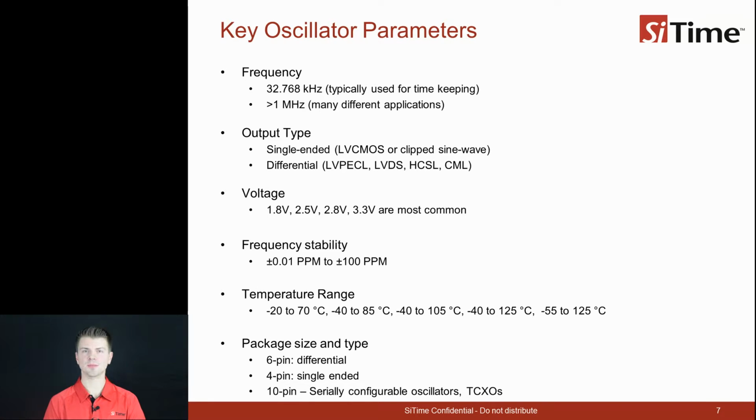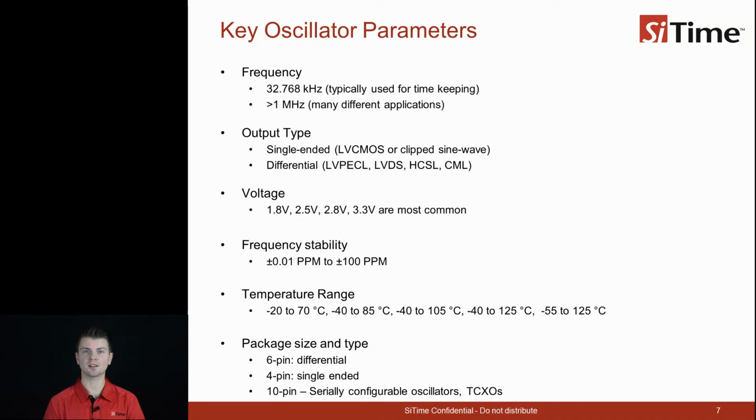The first oscillator parameter is clearly frequency. Different applications need different specific frequencies, and these frequencies are sometimes associated with a specific frequency tolerance requirement. In some applications, the frequency tolerance is specified by the governing technology standard.